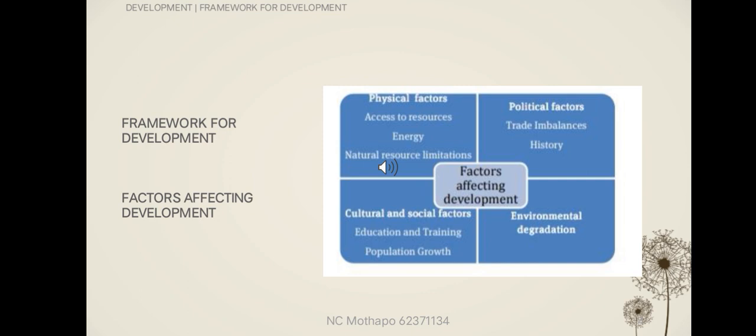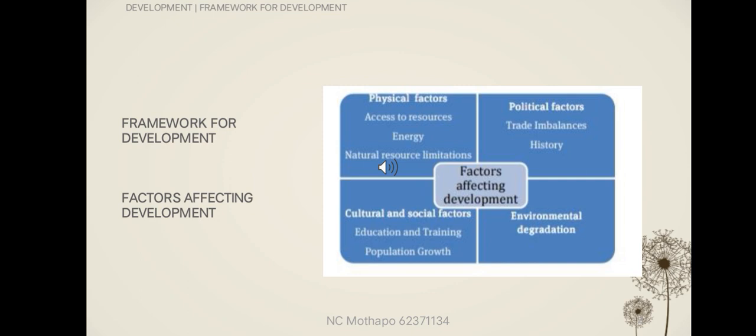Moving along with looking at frameworks for development, specifically looking at factors affecting development. If you can check on the slide, there's a diagram that shows the four factors that affect development. The first one being physical factors, which are access to resources, energy, natural resource limitations.